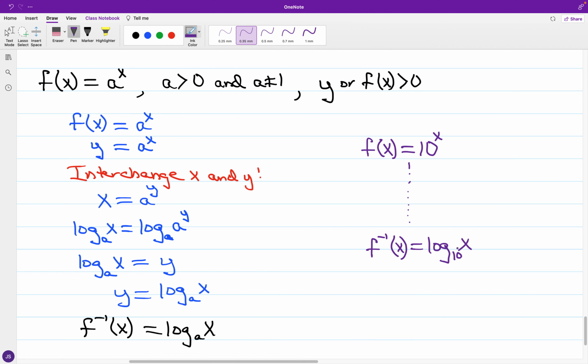Yes, you have a is at 10, and like in your calculator, if you see just log on your calculator, you're looking at a base 10 logarithm.